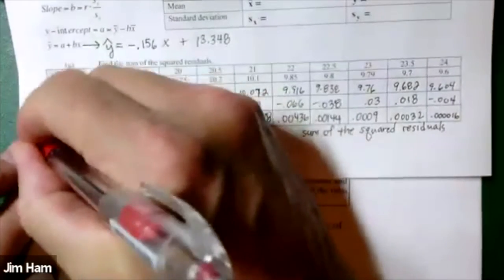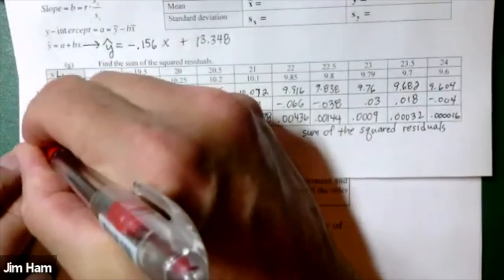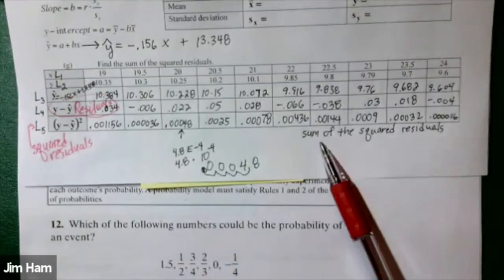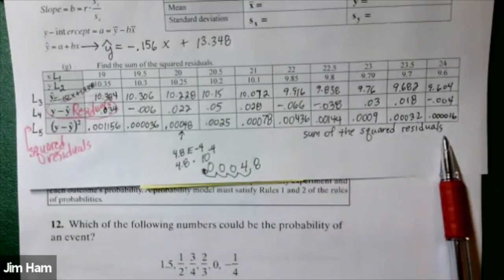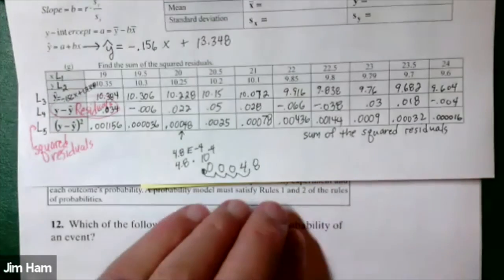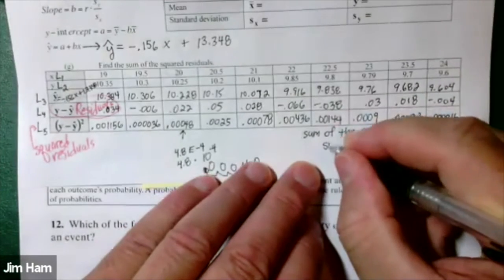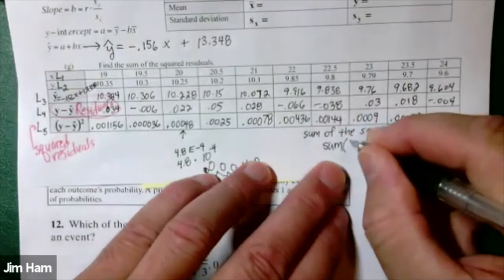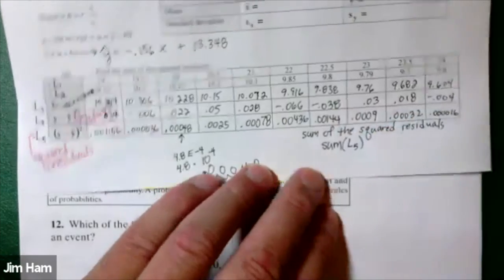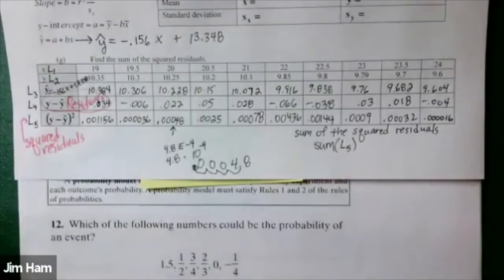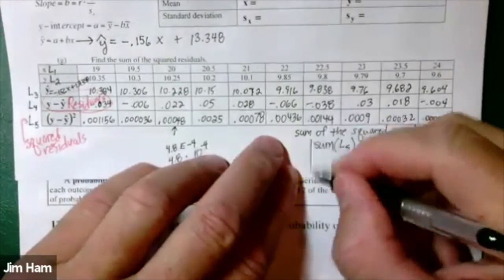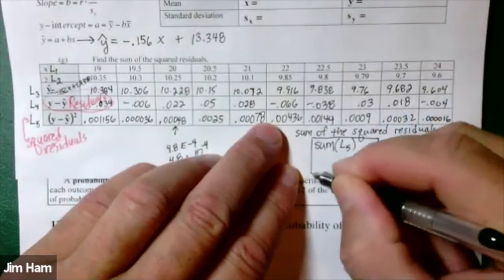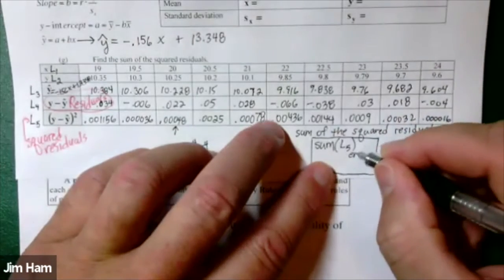So the numbers in L5 are the squared residuals. And then they want you to calculate the sum of the squared residuals. All right, so there's a calculator function called sum, and what we want to do is sum up all the numbers in L5. This is what you want to appear on your home screen, and then you want to hit enter.